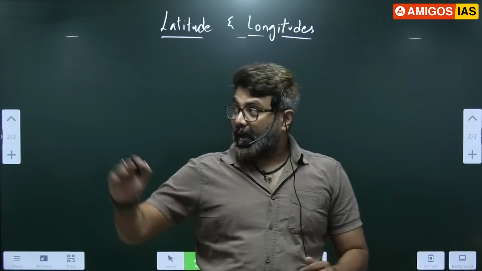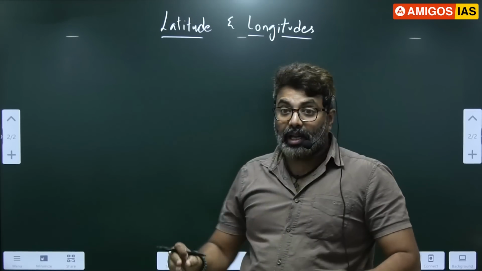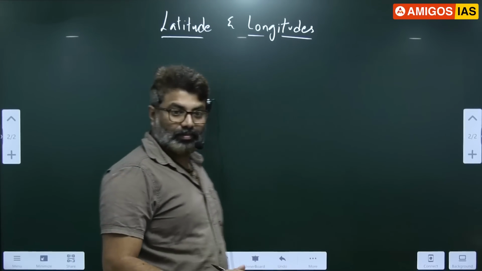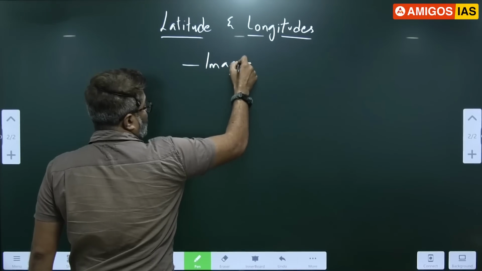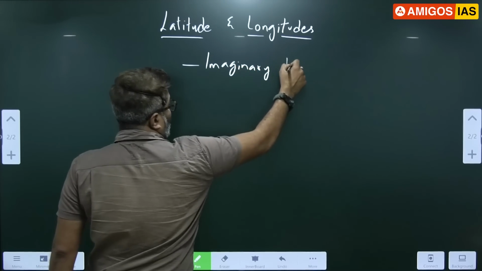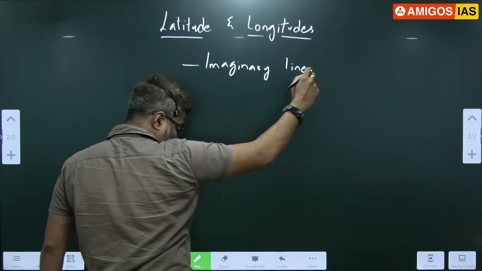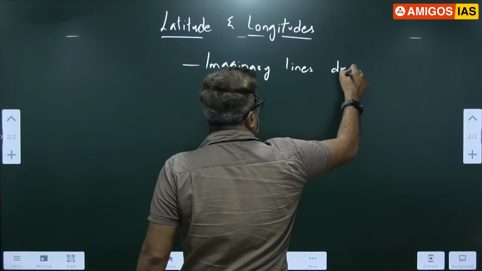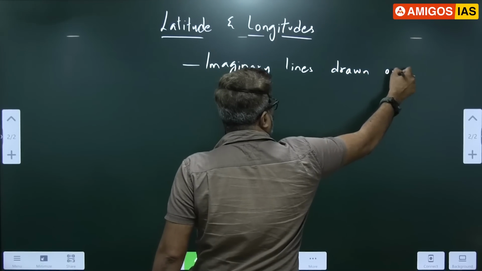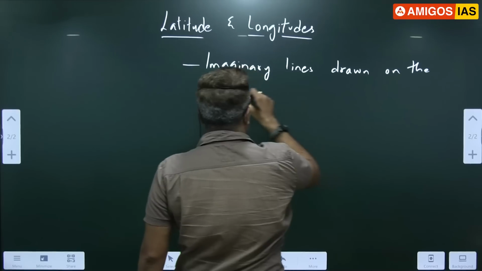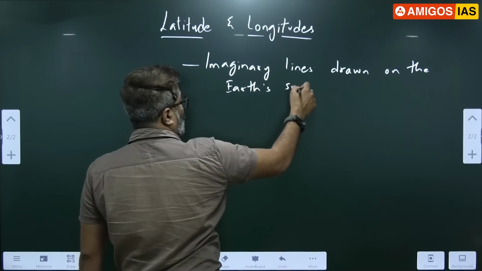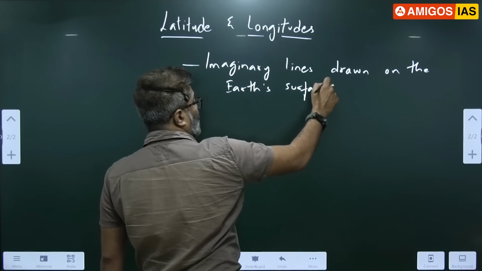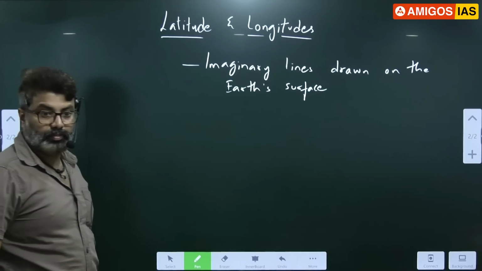So latitudes and longitudes are imaginary lines. Okay, please write, they are imaginary lines drawn on the earth's surface.